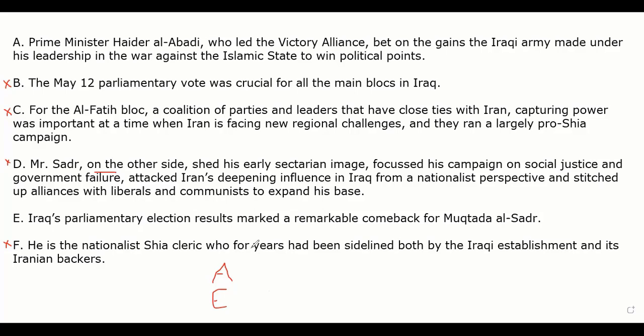Suppose E is the first one. I'll explain when I finish why E is a better choice than A. So if E is the first one, which statement connects to E next? We're talking about Muqtada al-Sadr. Which has to be next logically?